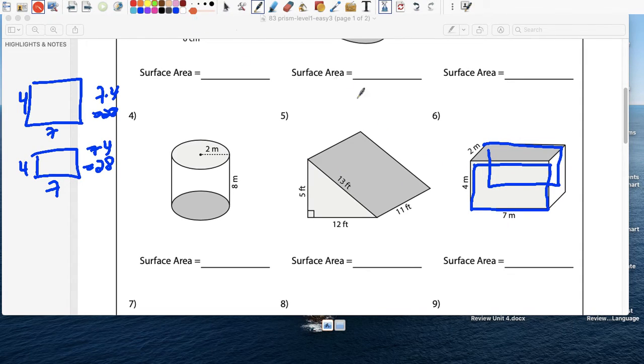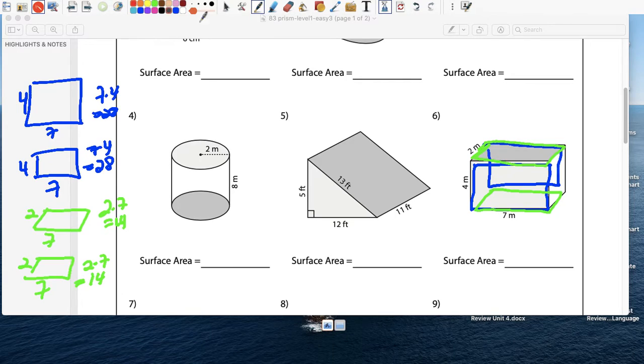Now let's do the top here. This is a 2 by 7. And at the bottom, don't forget, there's another one, a 2 by 7. So 2 times 7 is 14, and then we have 2 times 7, which is 14.